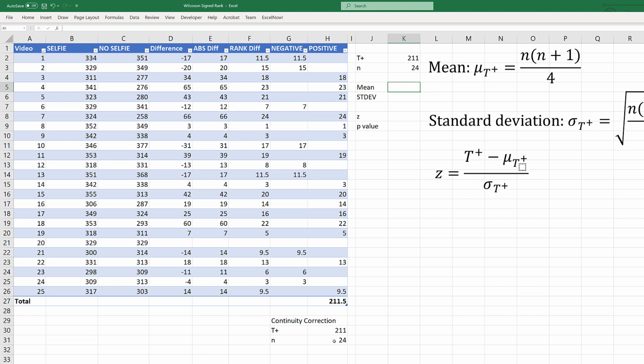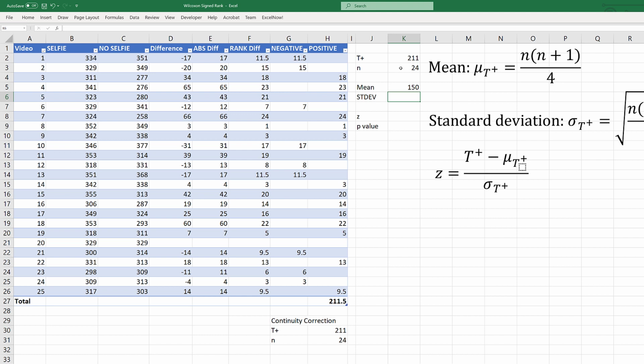And I'll show you the logic of that here in a second. So let's go ahead and calculate the mean mu sub T plus. So equals N, I'm going to put a parentheses there, equals N times, open parentheses, N plus 1, close all that, that's our numerator, divided by 4 equals 150.